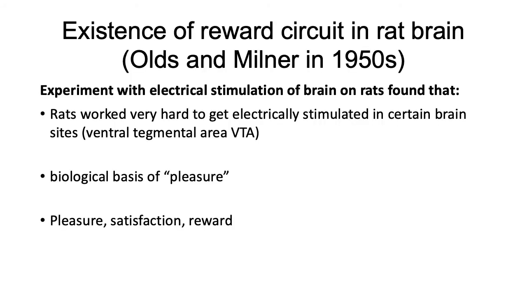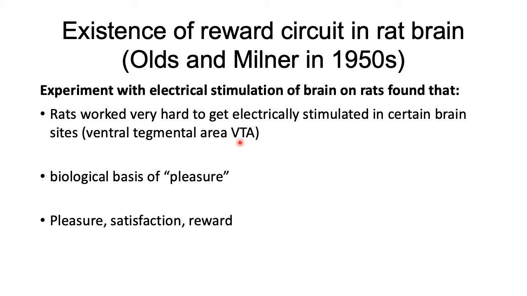The reward circuit pathway was first discovered by an experiment done by Olds and Milner in the 1950s. This is a really interesting study done on mice in which an electrical wire, like an electrode, was fused to the VTA. The VTA is the ventral tegmental area of the brain, and that part of the brain is related to the reward circuit pathway. So just remember that.